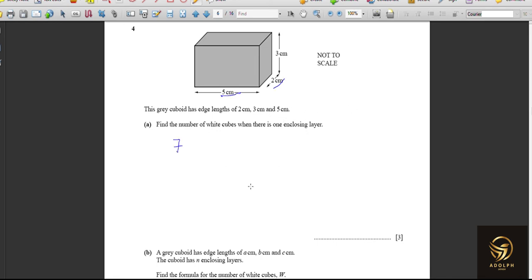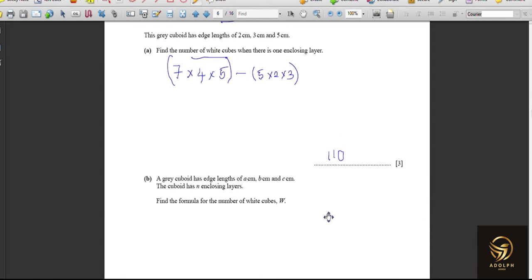Then 2 will be added with 2, so it's 4, and 3 will be added with 2, it's 5. So 7 into 4 into 5, that will be subtracted by, because that is the total volume and we are calculating white cubes, minus gray cube. Gray cube is 5 into 2 into 3. So this calculation gives us the answer 110.